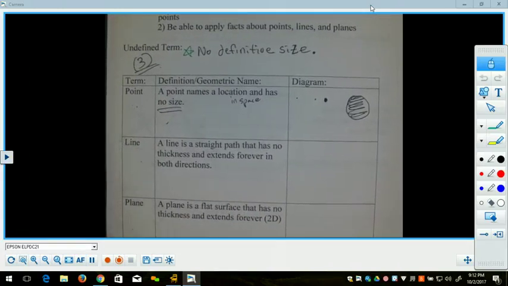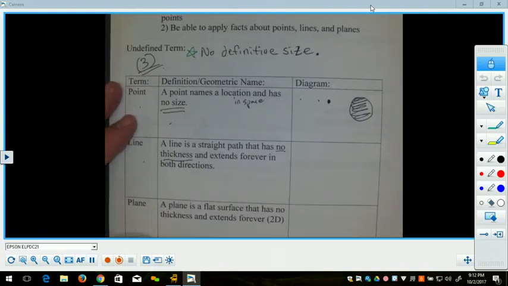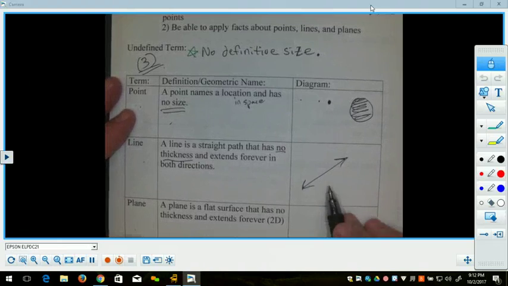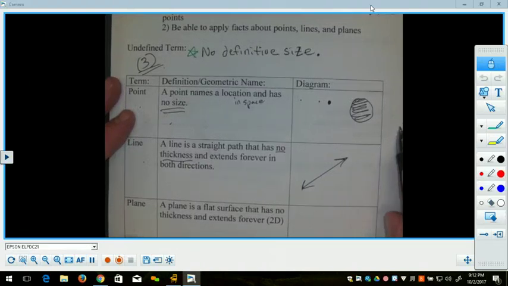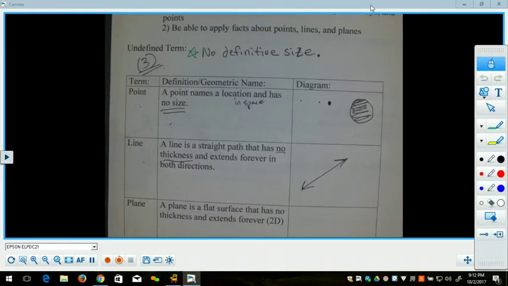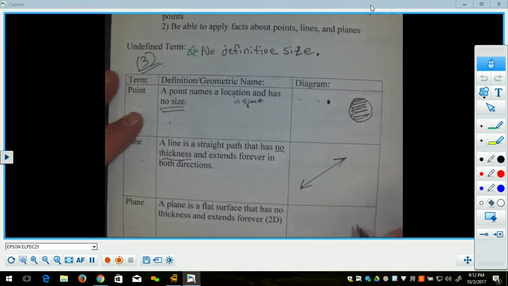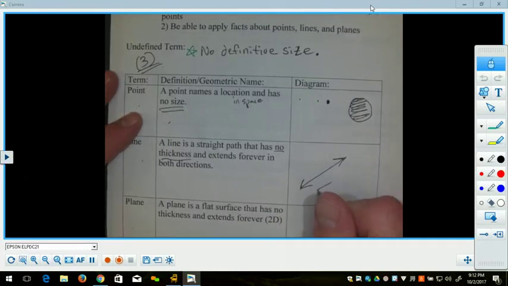A line is a straight path that has no definitive thickness, and it extends forever in both directions. So this is a line, and it would extend off my paper and beyond, in this direction. It extends in opposite directions forever. And it has no definitive thickness, so it could be this thin, it could be as thick as this.